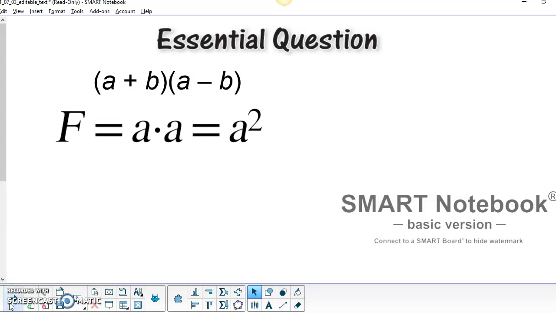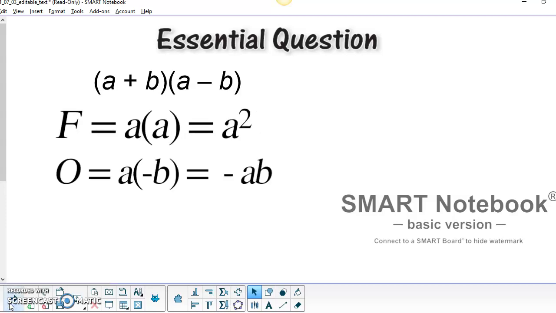First we have a plus b times a minus b. If we were FOILing, the first two terms would be a times a, which is a squared. Outer two terms, a times negative b, would be negative ab. Inner would be b times a, which is ba. Remember, you can multiply in any order, so b times a is really the same as a times b.